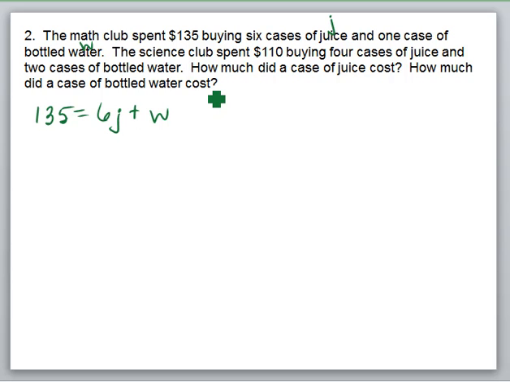The science club spent $110 buying 4 cases of juice and 2 cases of water. How much does a case of juice and how much does a case of bottled water cost? Again, I'm going to be using elimination to solve this, and I will continue this with the next video.